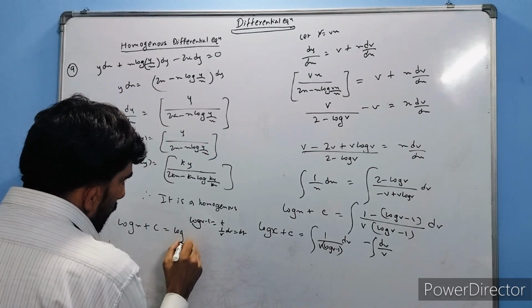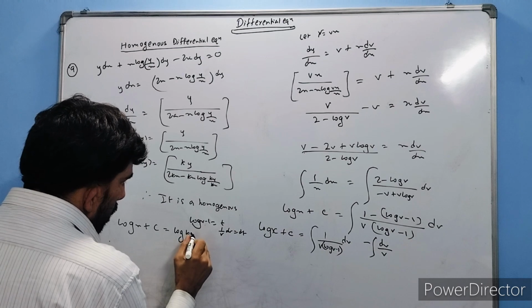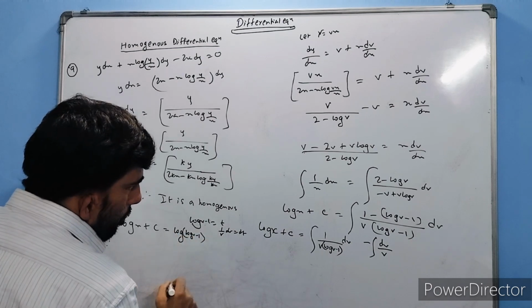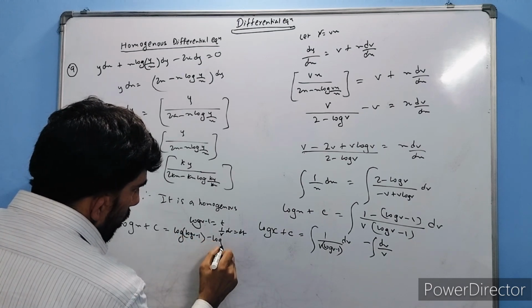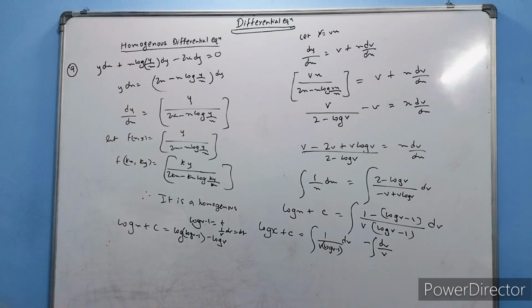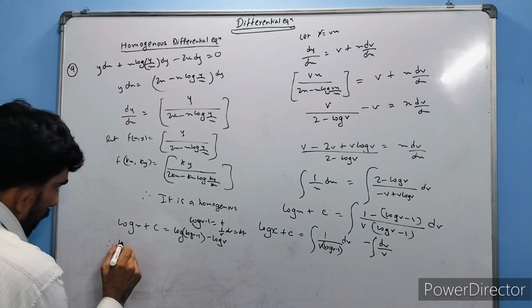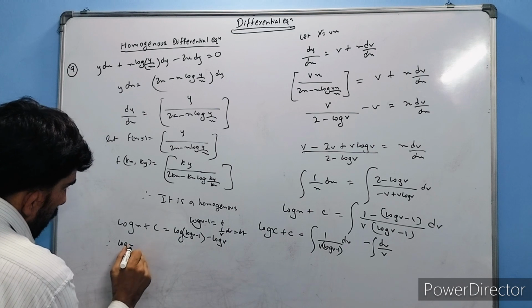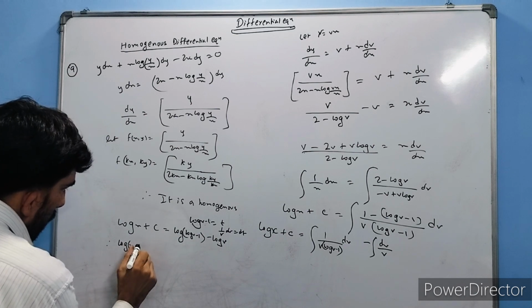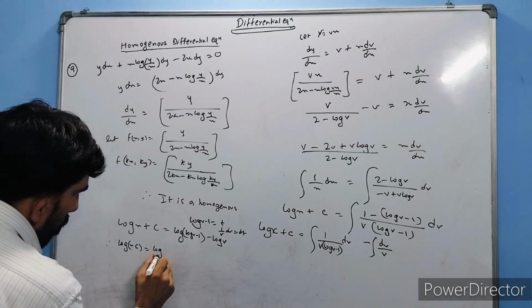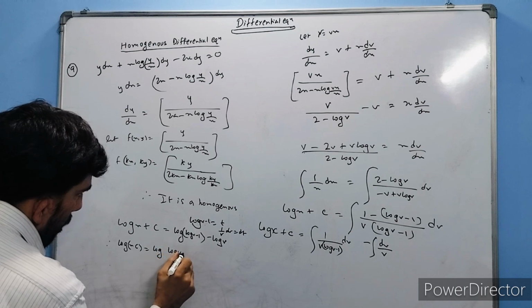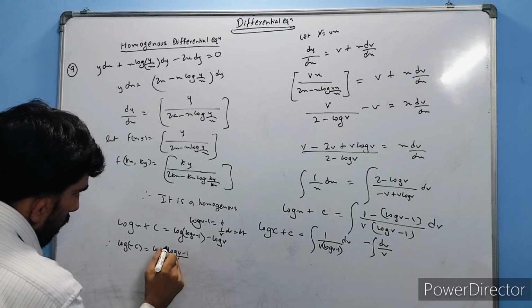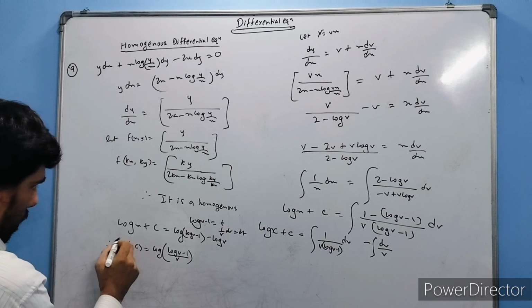that is log t. So log t is what? Log of (log v minus 1) minus log v. So now what I can do here, I can write log x plus c is equal to, if I take log common, log of (log v minus 1) upon v. So reduce this.